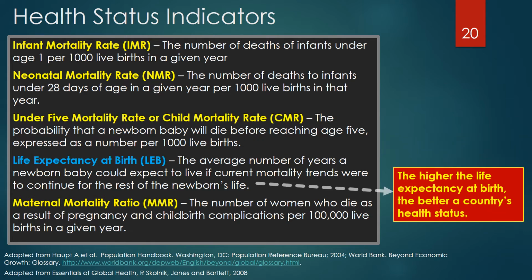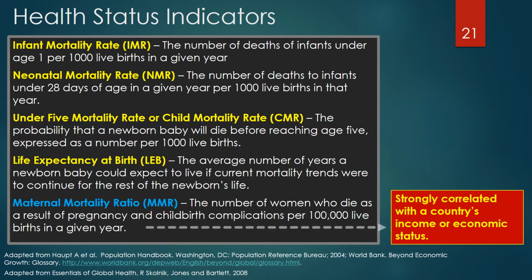The life expectancy at birth is one of the most commonly used indicators of health status. Generally, the higher the life expectancy at birth, the better a country's health status. Seeing that the maternal mortality ratio measures the relatively rare occurrence of death associated with childbirth, it's measured per 100,000 live births per year versus 1,000 as with the IMR, NMR, or CMR.